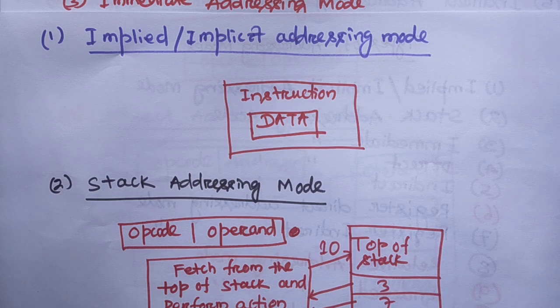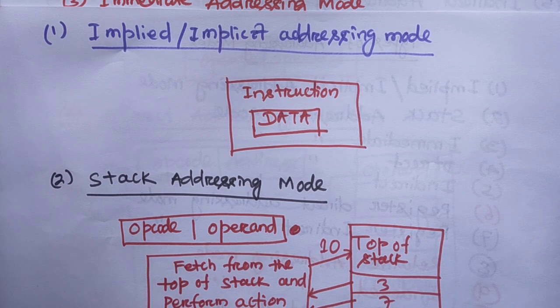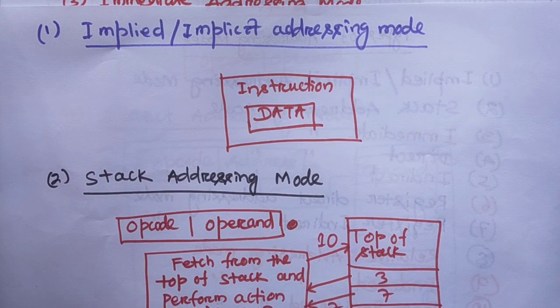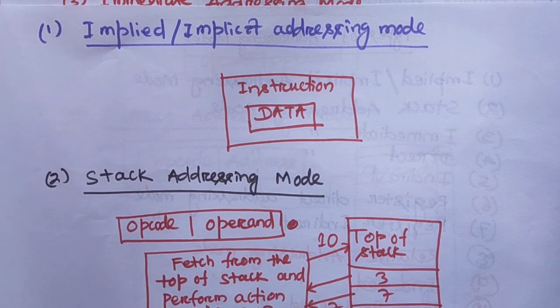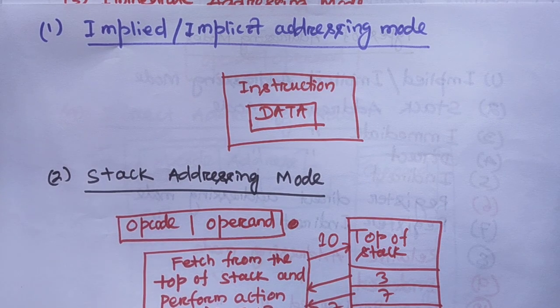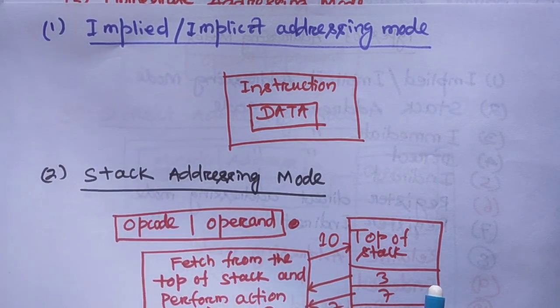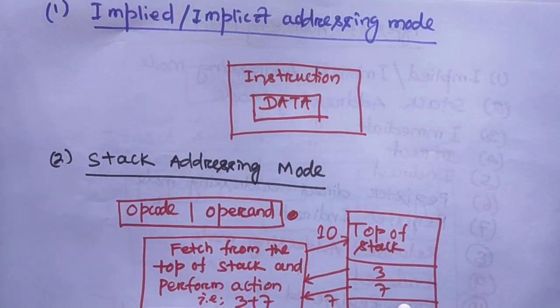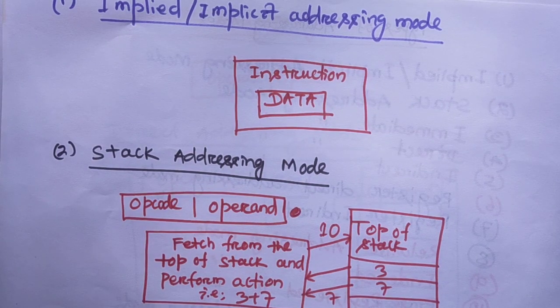Implied or implicit addressing mode. This is a very easy addressing mode, because whenever I go through implied or implicit, there is no data address, meaning zero address, or the address is implied to itself. Implied or implicit addressing mode means it is implied to itself.